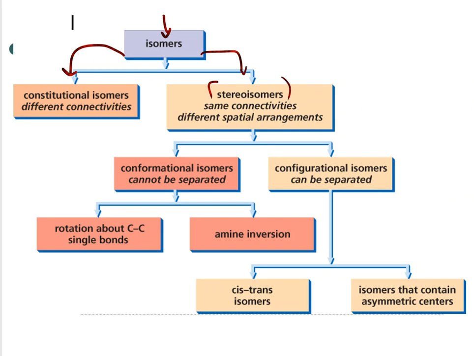Over here to the right-hand side, these are stereoisomers. That means they're connected the same way, but they're pointing in different directions. Well, under the stereoisomer category, there's 2 more. There's ones that we call configurational, and there's ones that are called conformational. Configurational would be things like your double bonds. They're kind of static.